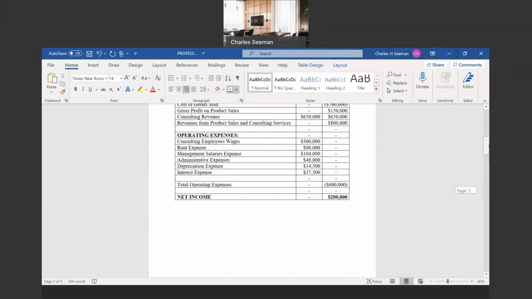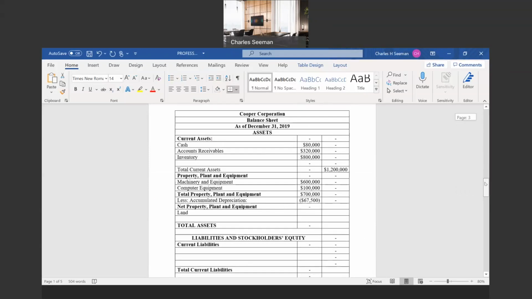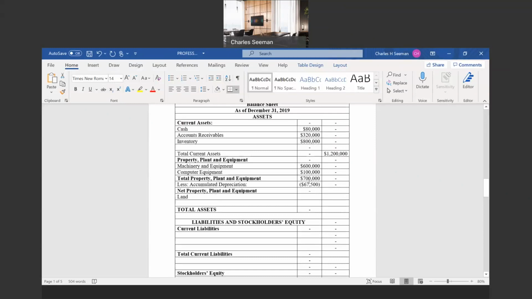So the 67.5 simply comes from this 57.5 plus this 10, here and here. Since it says less, I'm going to subtract from the 700,000 the amount of depreciation and get 632.5.